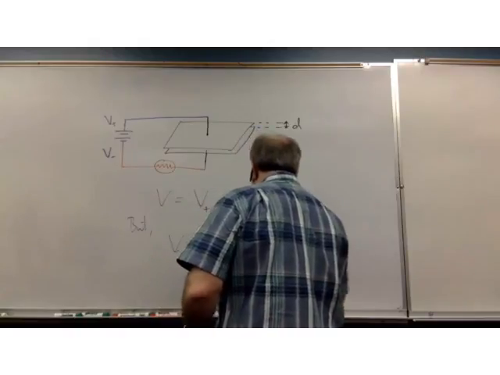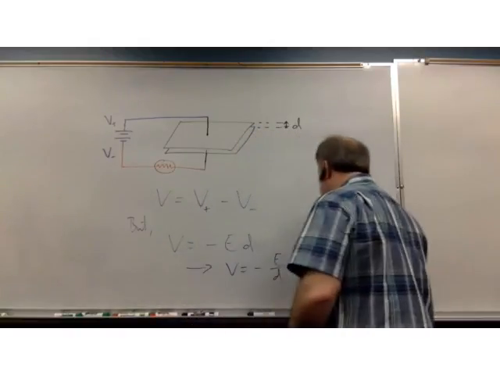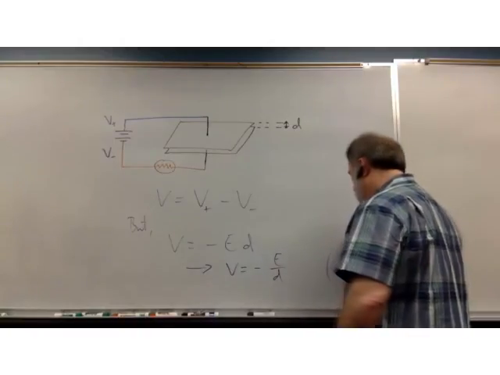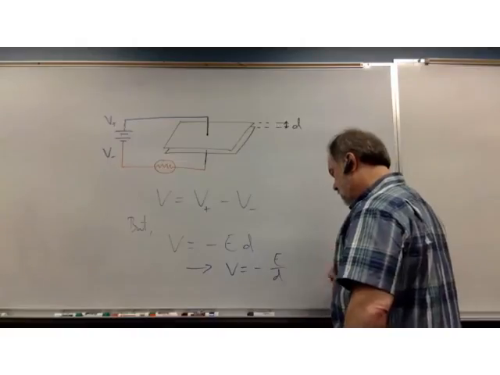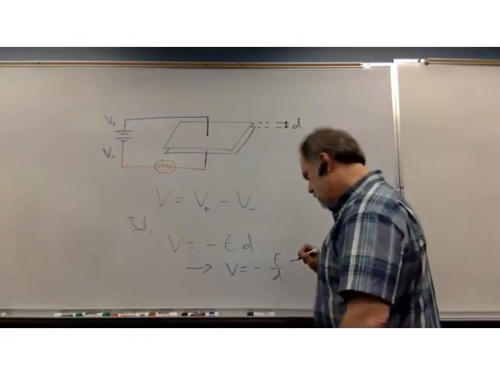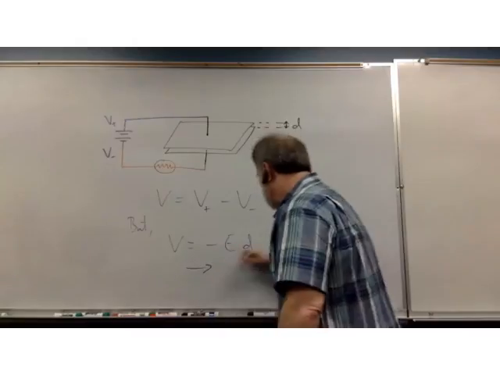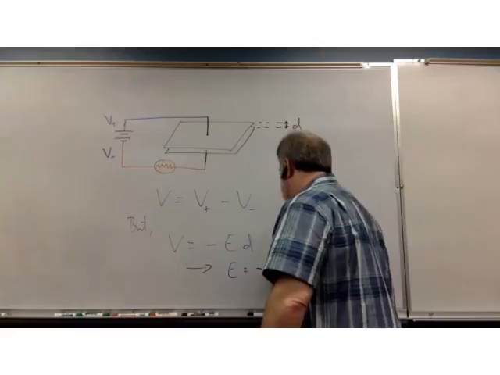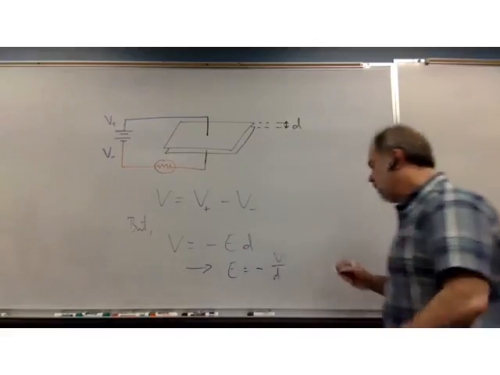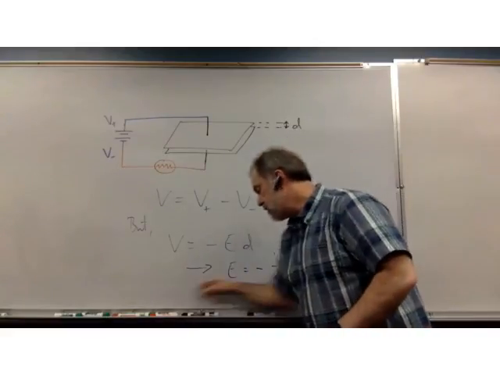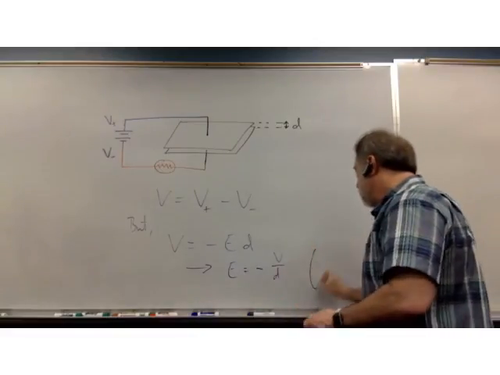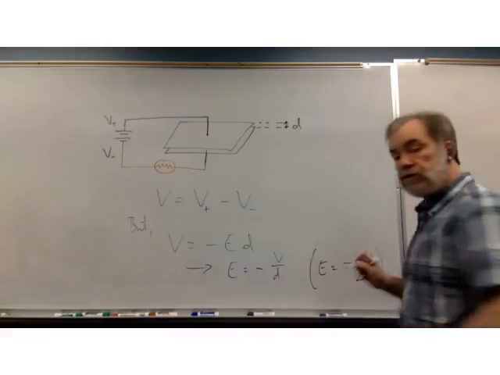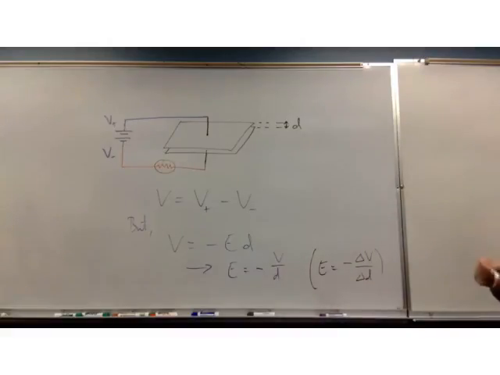Remember that E is equal to minus V over D. What I actually wrote in the past was something like E is equal to minus delta V over delta D, but those aren't the symbols that I happen to use in this case.